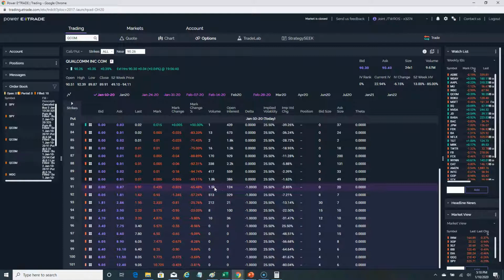And the third thing that you saw in the execution of this trade is how we successfully apply the scaling technique into selling our option in batches.